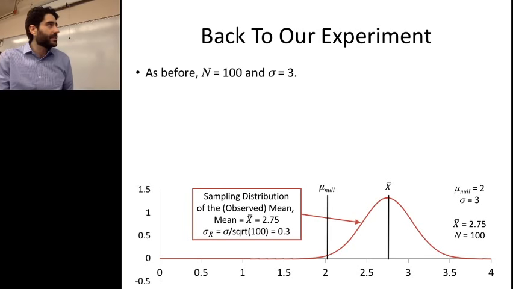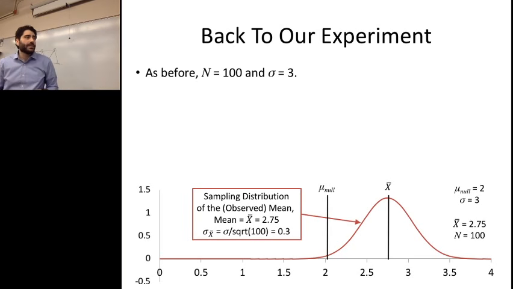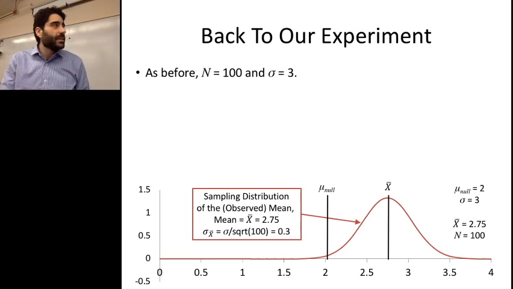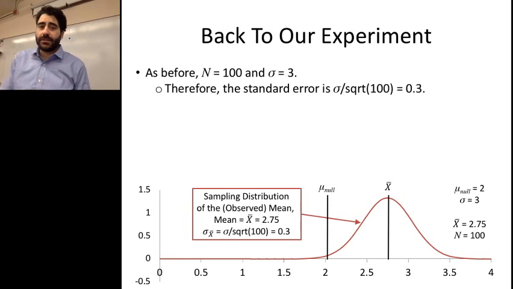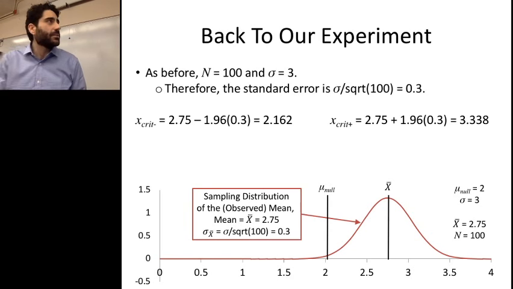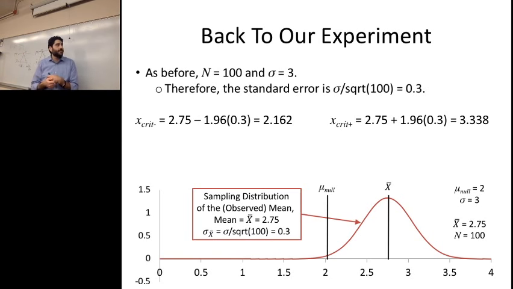Right, so let's give an example here. So let's say we have the standard deviation in our population. Let's just assume it's 3, and we have n equals 100. That tells us that the standard error is 0.3. And so what that would tell us is that if what we measured in our sample is 2.75, then the likely population means that could have generated our sample are something like plus or minus 0.6 away from that.